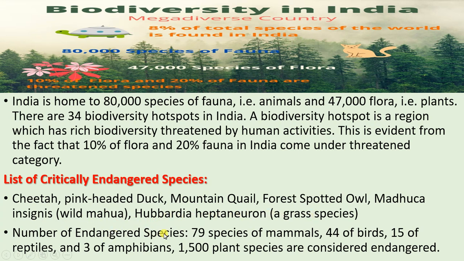Number of endangered species: 79 species of mammals found in our country, 44 of birds, 15 of reptiles, 3 of amphibians, and 1500 plant species are considered endangered in our country.